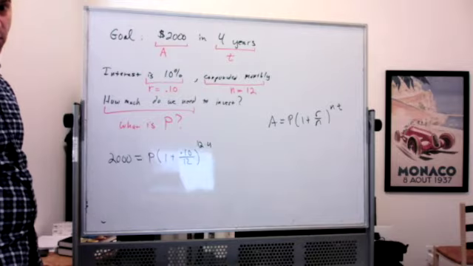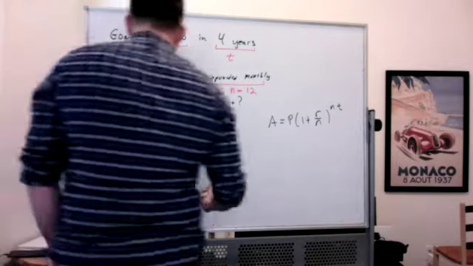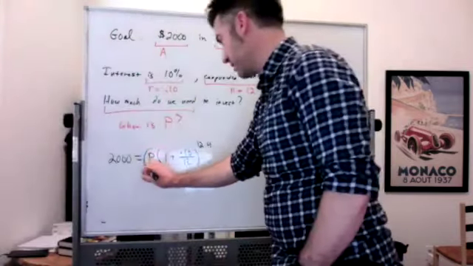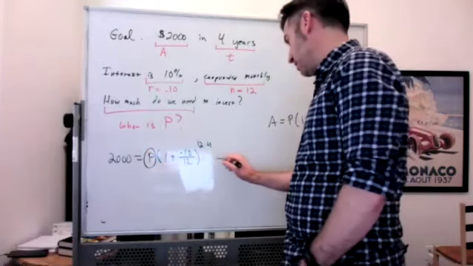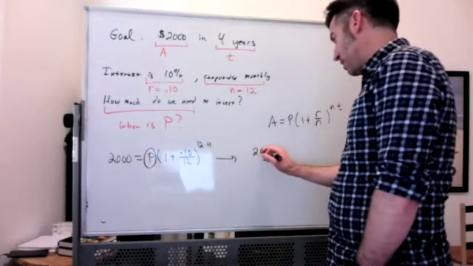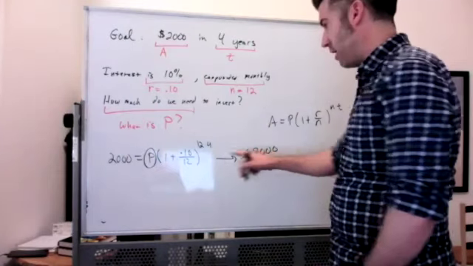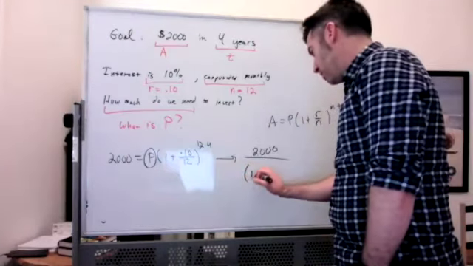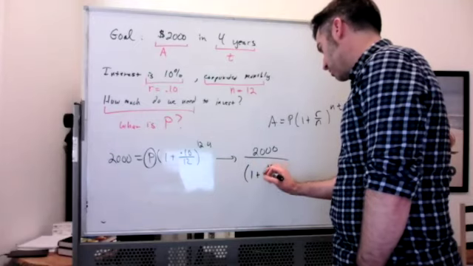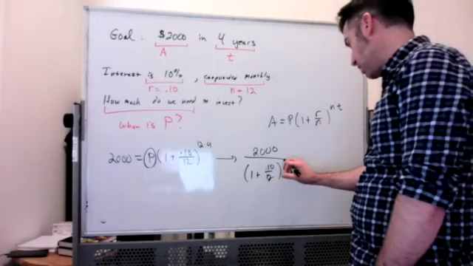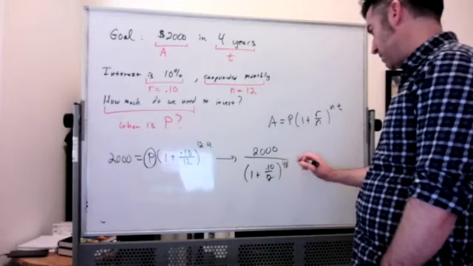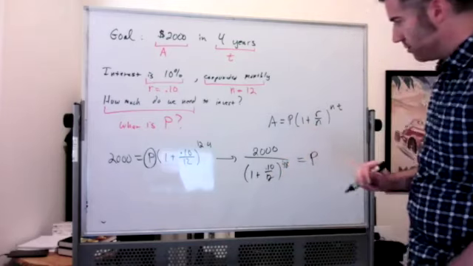And this one's actually pretty easy to solve. If I'm just trying to isolate P, I can divide by all of this. So I can say that 2,000 divided by (1 plus 0.10 divided by 12) to the 4 times 12, which is 48, to the 48th power. That's what my P is going to be.